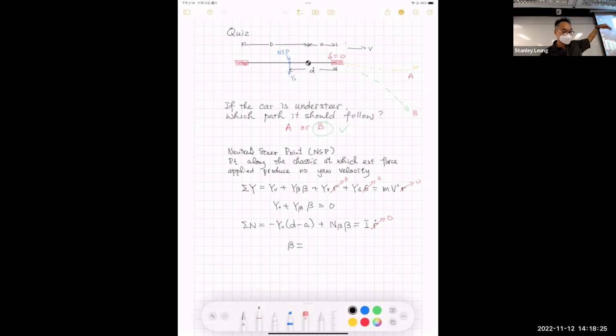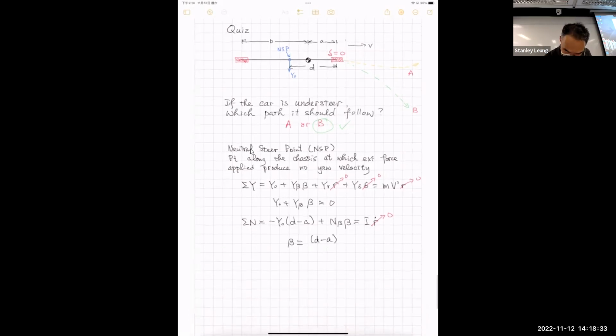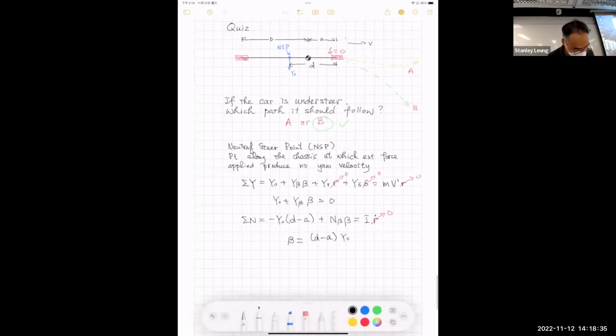Okay. And then here, then we can find the body slip angle. This is the chassis slip equals to B minus A Y naught over N beta. So just rearrange the moment term, right? Okay, and solve it. So these things go back to here.